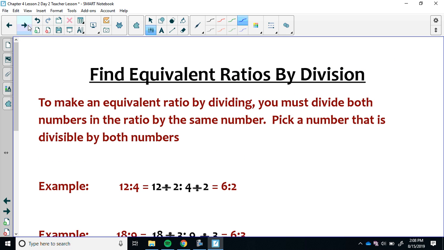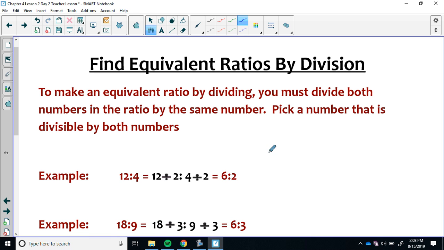You can also make equivalent ratios by dividing. It's the same thing, except instead of multiplying by a number, you're dividing by a number. So if we divide 12 to 4 by 2, we get 6 to 2.